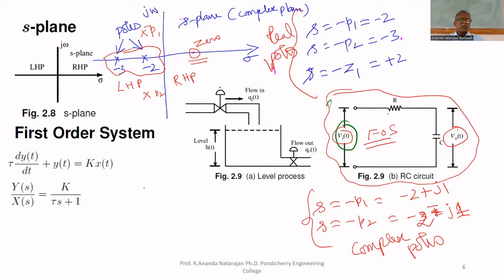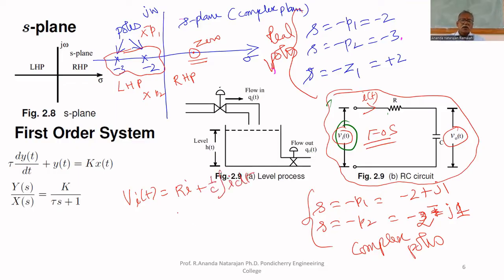Writing Kirchhoff's voltage law, with current I of t through the circuit, Vi of t equals R i plus 1 by C integral of i dt.